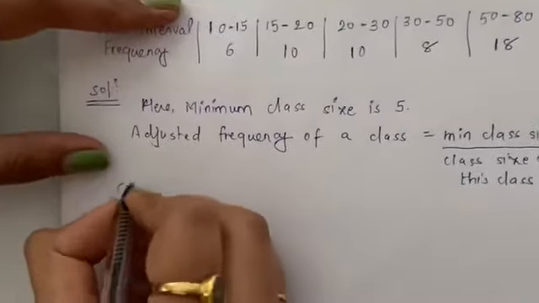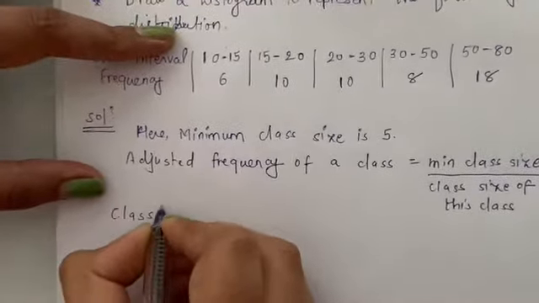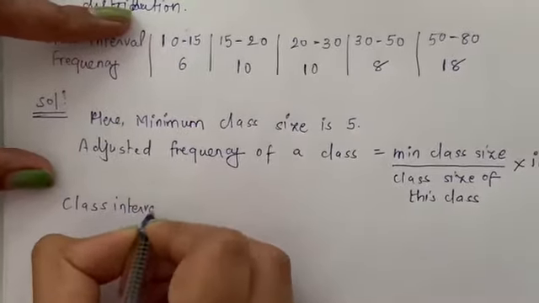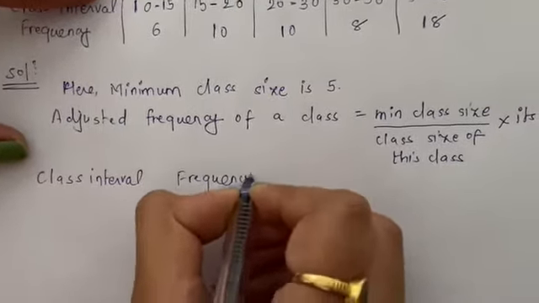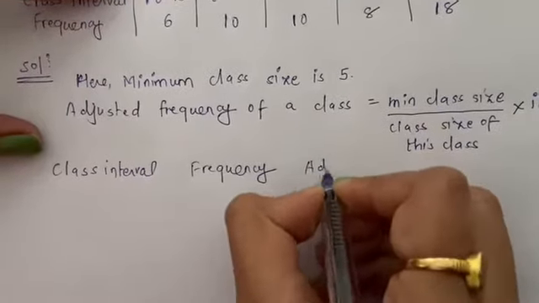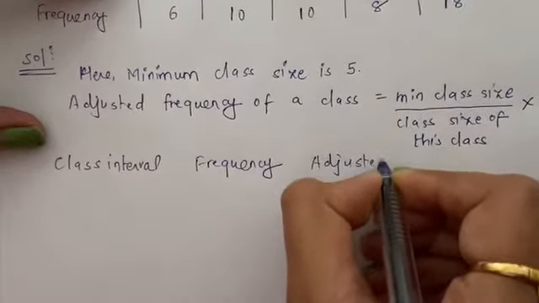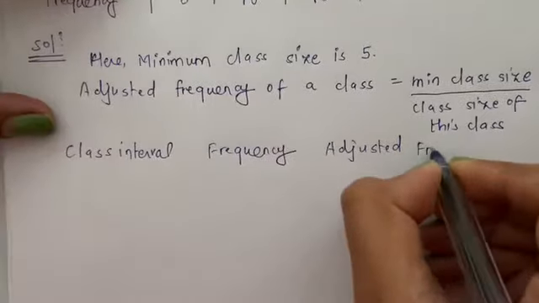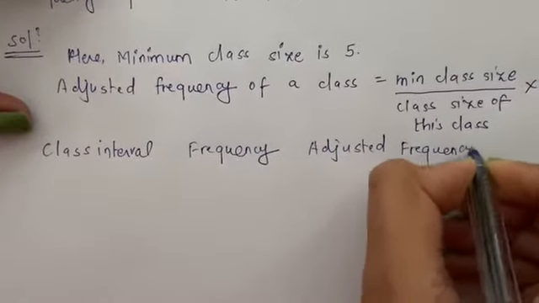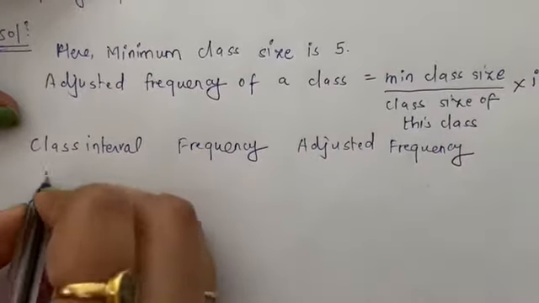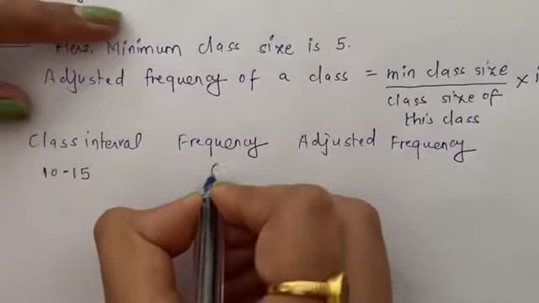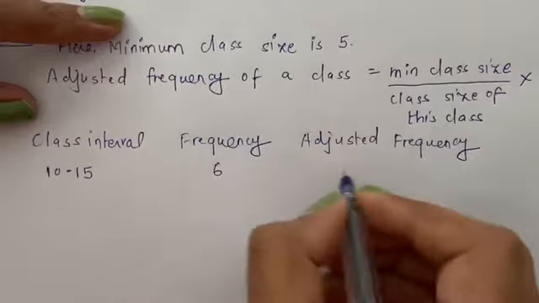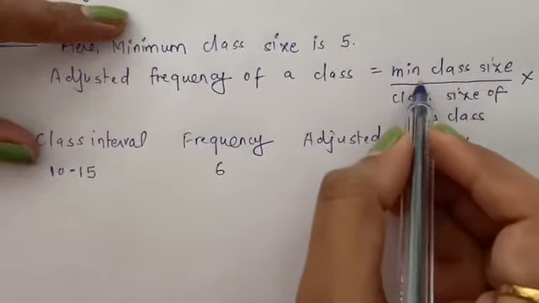So let's start. Class interval, then frequency, and adjusted frequency. Your class interval is 10 to 15, your frequency is 6, but we have to find the adjusted frequency. So for that we will use this formula.